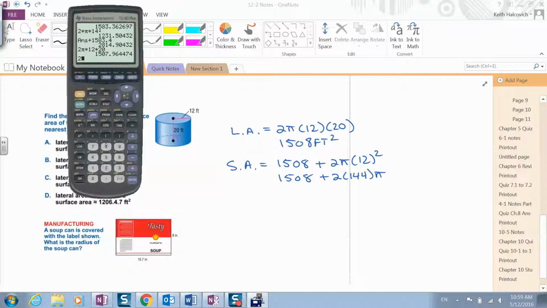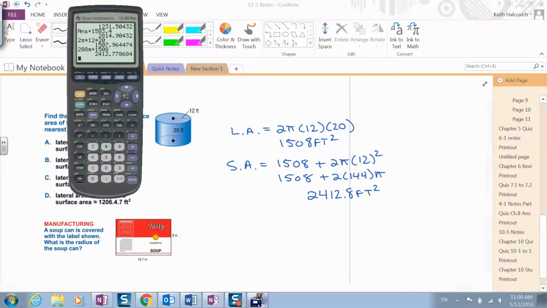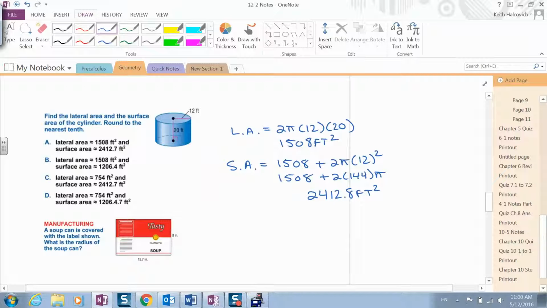So 288 pi plus 1,508 gives you 2,412.8. Which, since they have 0.7 here, we'll make that our answer A.